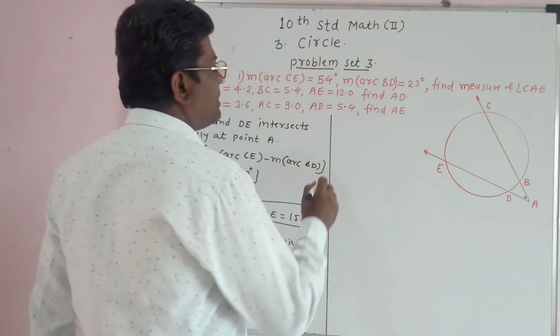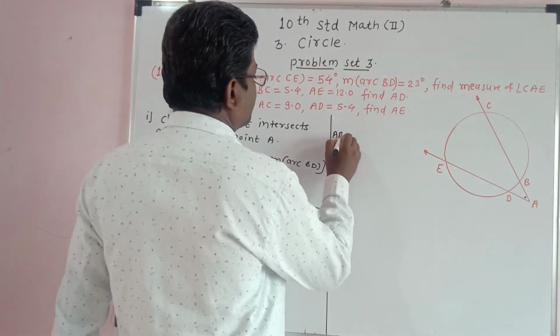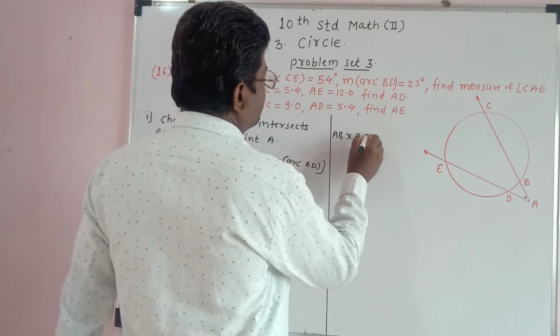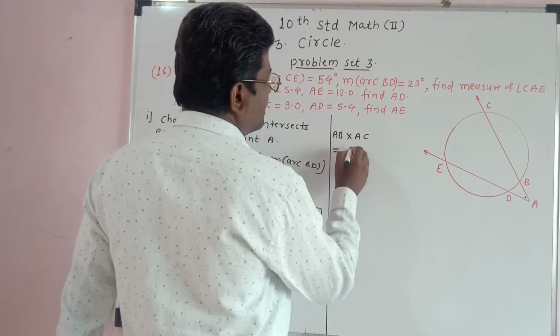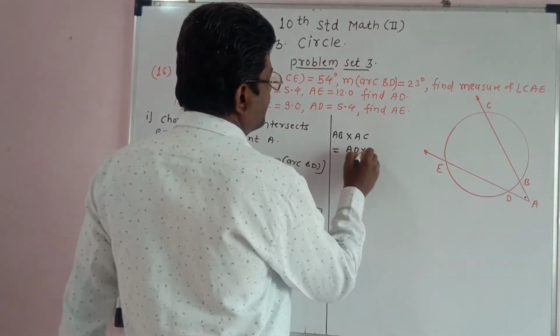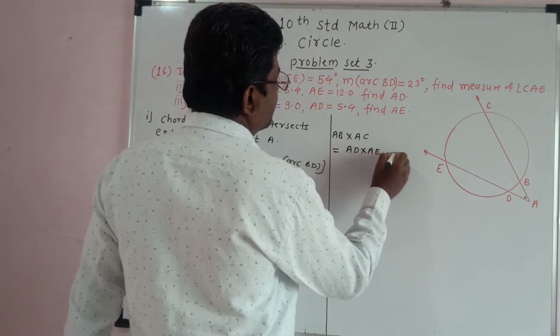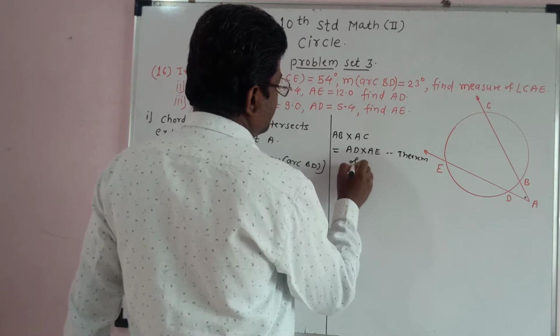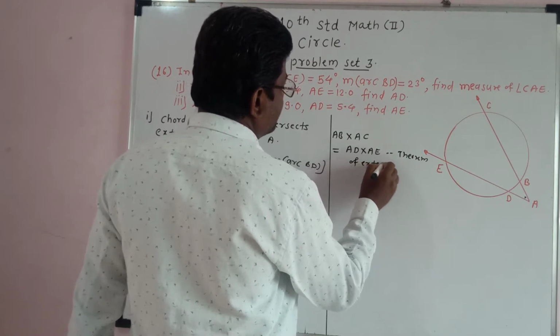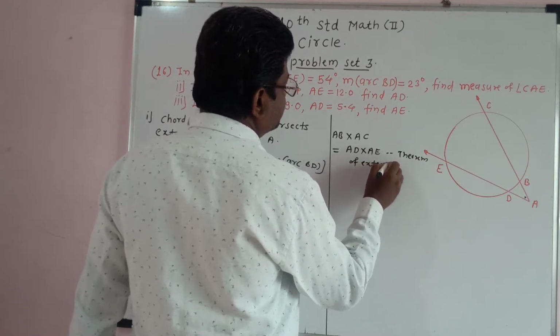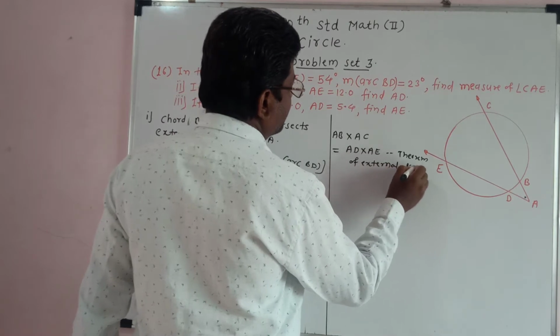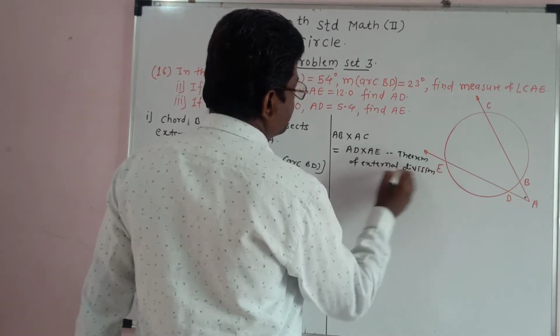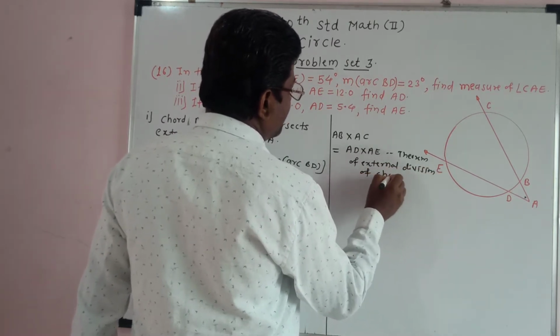Then we write AB into AC is equal to AD into AE. Reason is theorem of external division of chords.